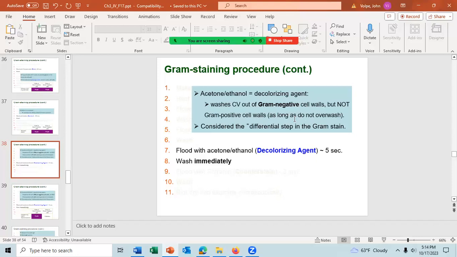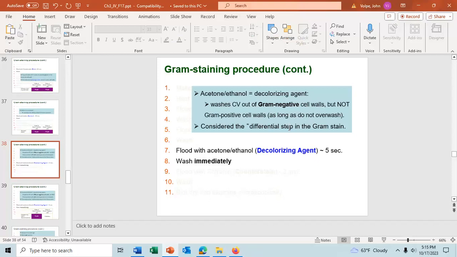This is considered the differential step in the gram stain because the gram-positive cells will stain different than the gram-negative cells. What you do is you just apply the decolorizing agent for about 5 seconds. And this does depend a little bit on what your decolorizing agent is.